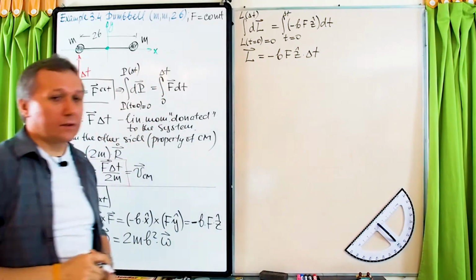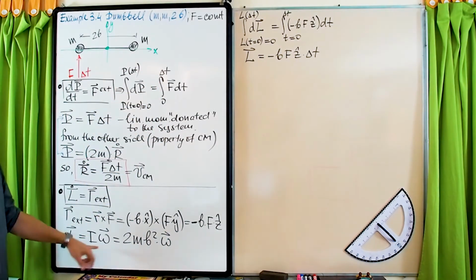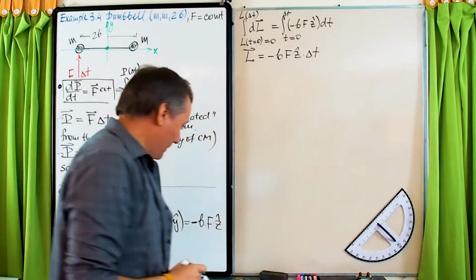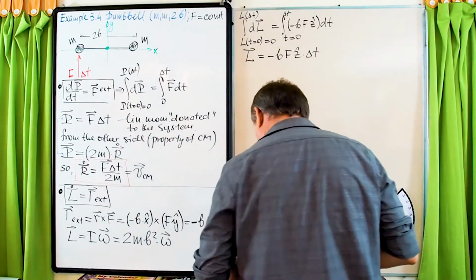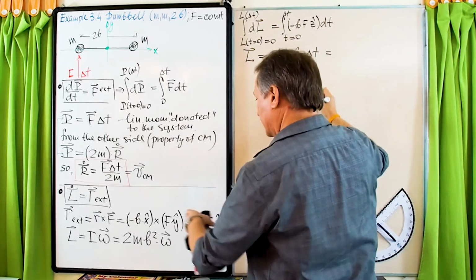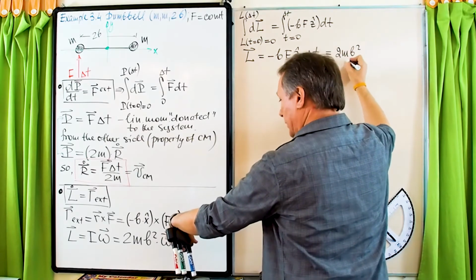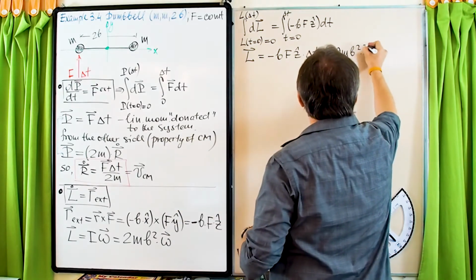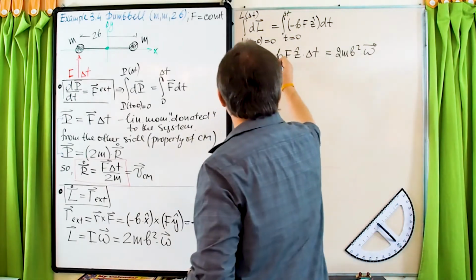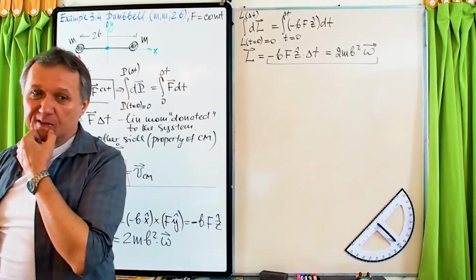And now, only now, I want to use this expression which I wrote over there. Of course it is equal to 2 m b squared omega. This will allow us to find the angular velocity of the system.